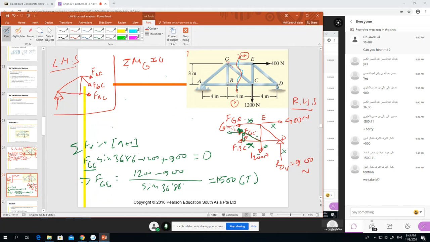I am not taking summation of horizontal. Without taking the horizontal, I choose moment at point G. And why? Can someone understand? Yes, we will take moment, but can someone tell me what is the advantage if we take moment? Can anyone tell me what is the advantage?